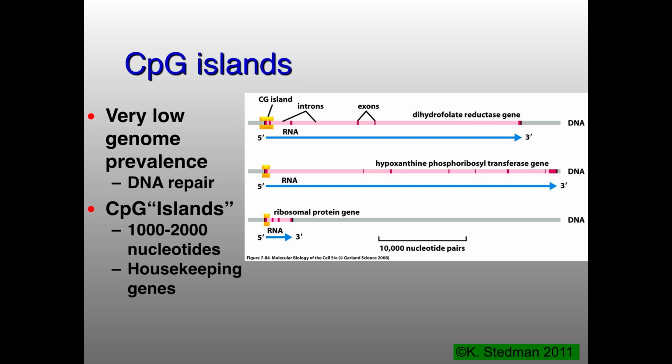CpG islands, again, a common subject of discussion in office hours. CpG islands happen because methylation happens at CpGs. Over evolutionary timescales, those CpGs are going to turn into TGs if they've been methylated, because that's the standard DNA damage.